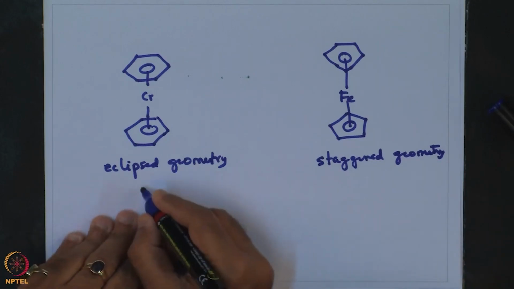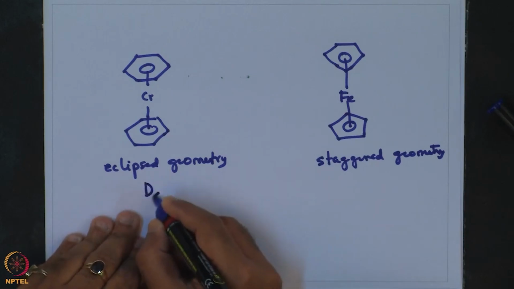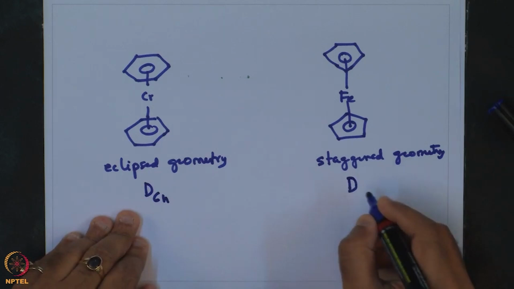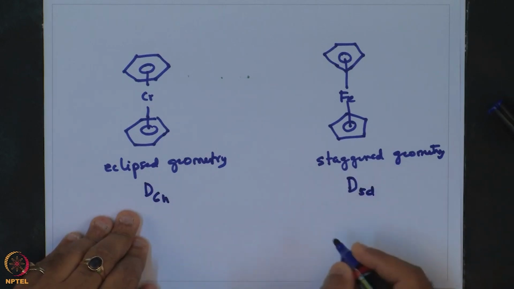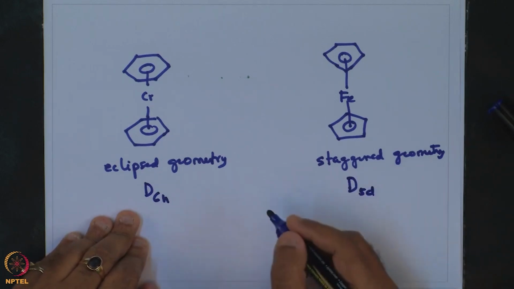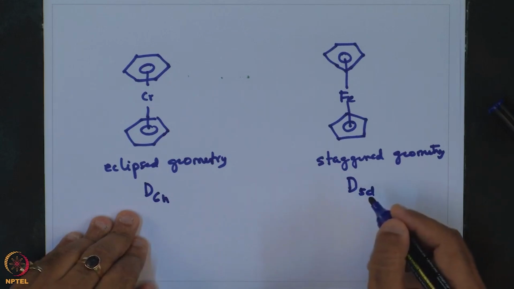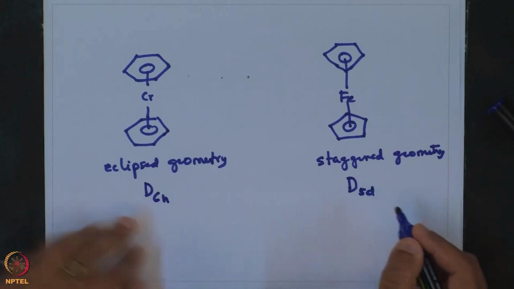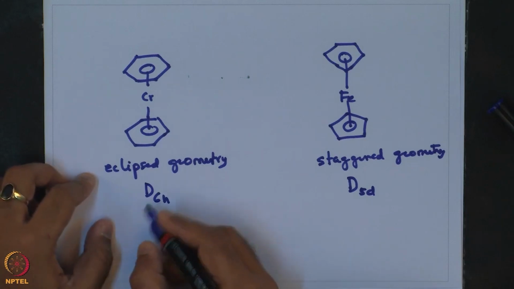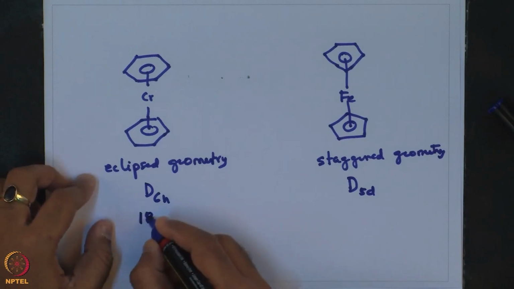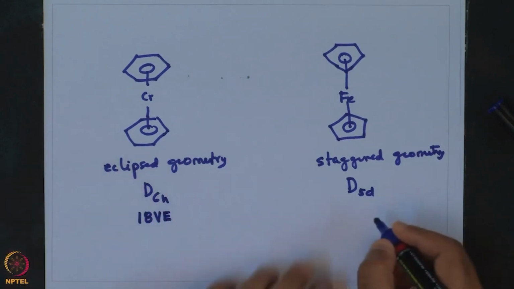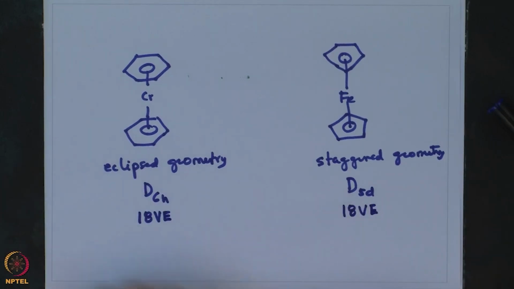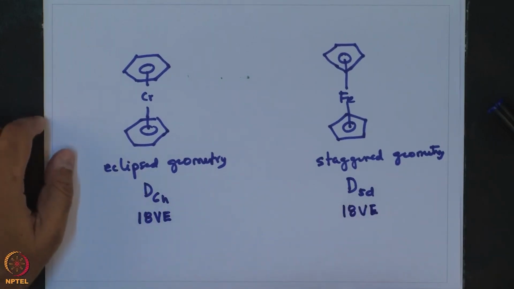The point group over here is D6H, over here it is D5D, and then the similarity is that both are 18 valence electron compounds.